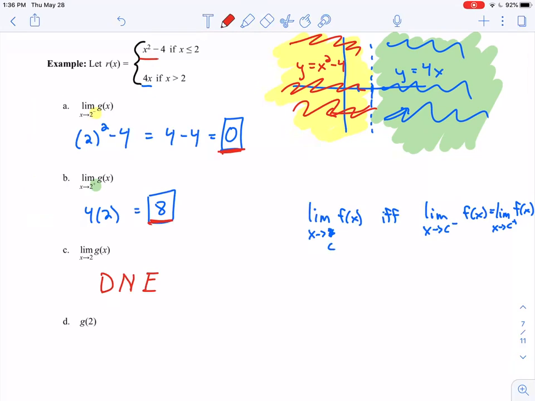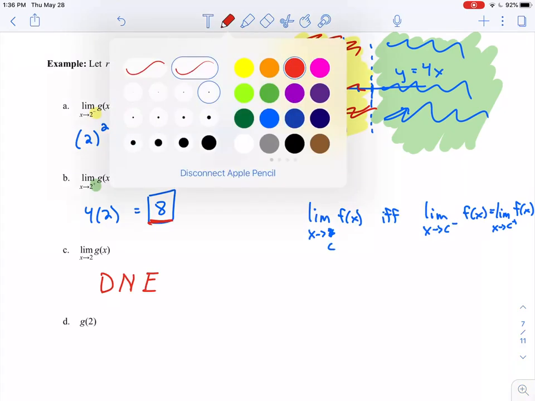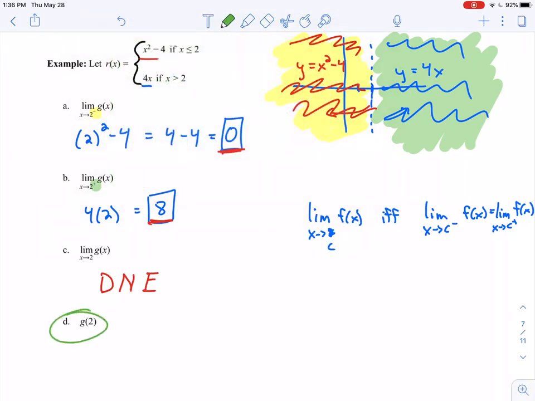A lot of students will look for where x is defined, so where's that less than or equal to, or the greater than or equal to part. And when students think about that, they're actually thinking about this question right here. They're thinking about part D. When I say g of 2, that's where, okay, where is g defined exactly at 2?